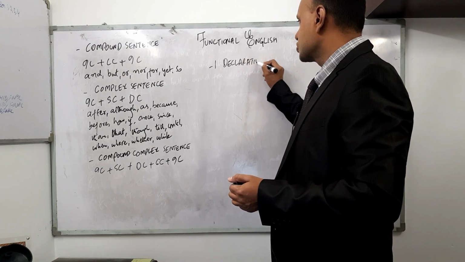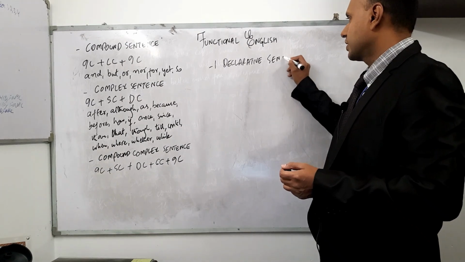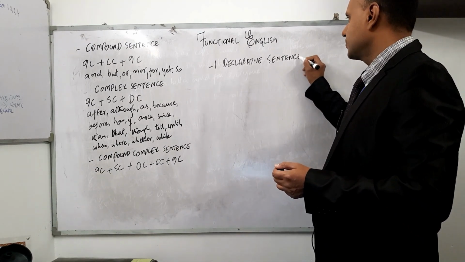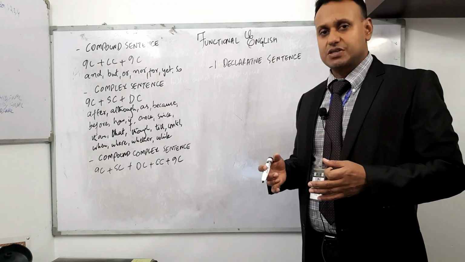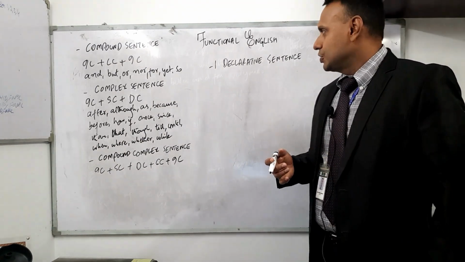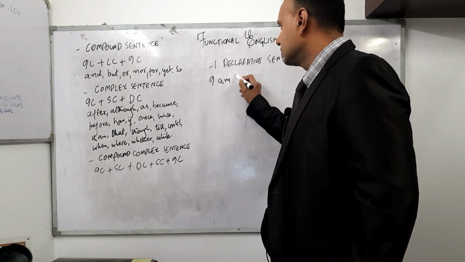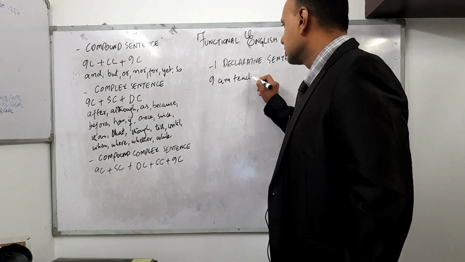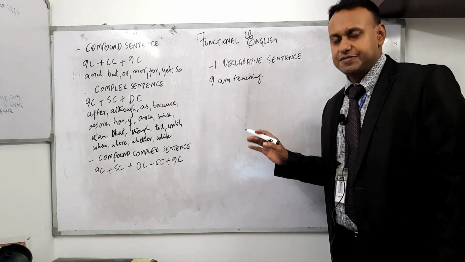And this is the most common sentence that you will come across. Okay. So if I was to give you an example of a declarative sentence, where we are making a statement and it is mostly an affirmative and positive sentence. So if I say I am teaching, this is a simple declarative sentence.